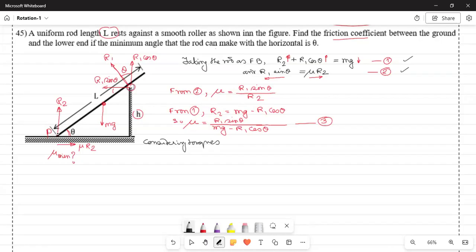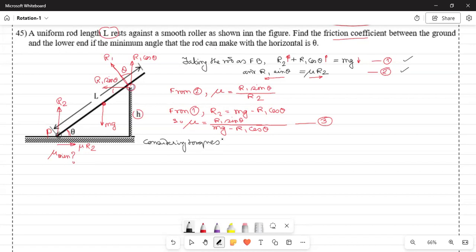Here you take the pivot around P, because then the force R2 goes through the pivot, and force mu R2 also goes through the pivot, so they have no contribution in creating a torque. So automatically my arithmetic will become simpler.